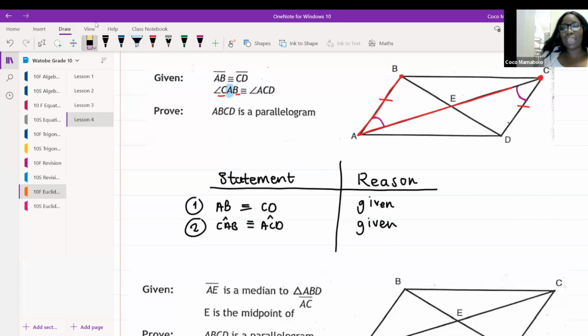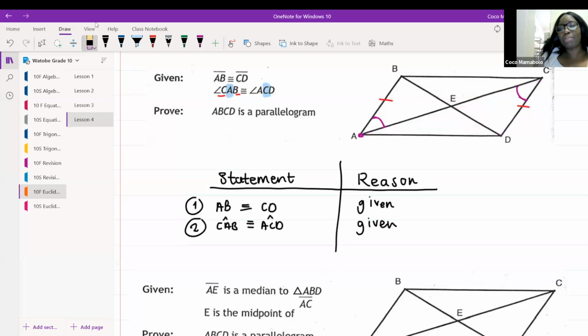All right. So they're saying that that angle is equal to angle C, in between A and D. So we're going to go to C over there in between A and D. Where do A and D meet? Up here. So this is the angle that they're talking about.